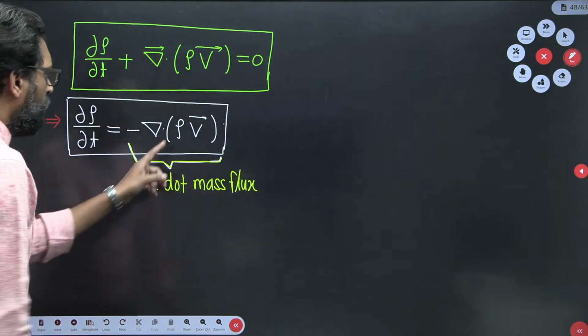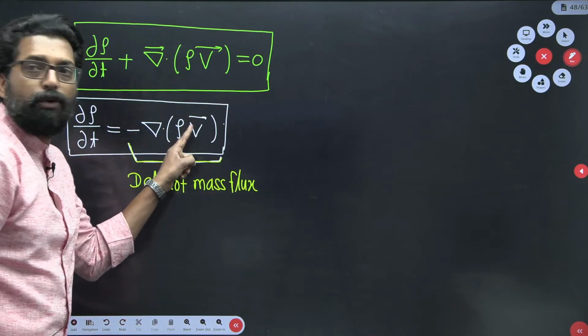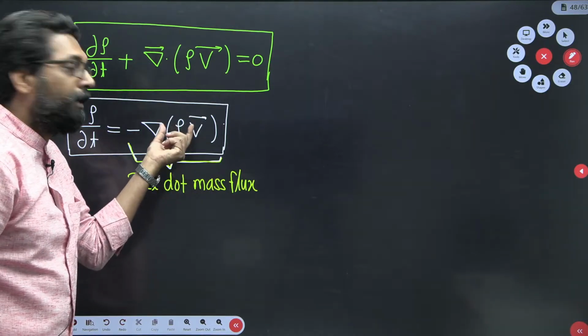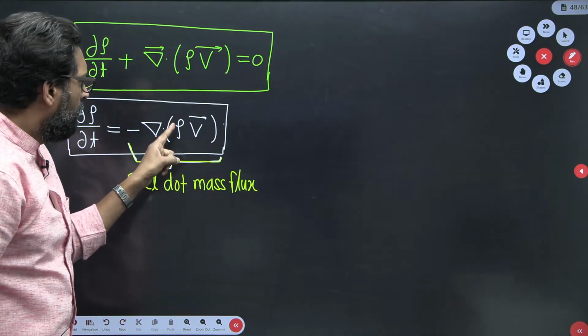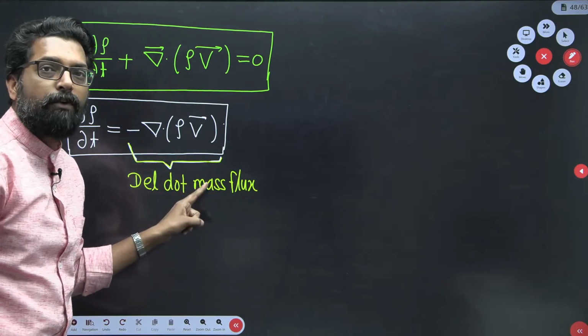Why? Because density into velocity is the mass flux, that is, mass per unit area per unit time. What is the mass flux? Mass flux is mass flow rate per unit area.